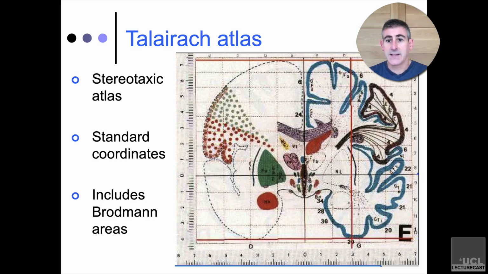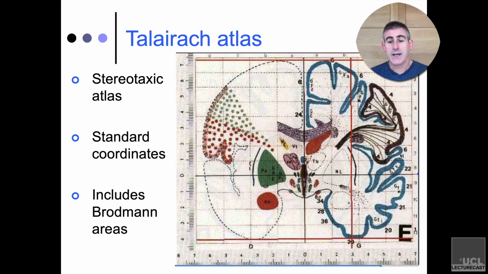So what they did was they said, well, if you take the anterior commissure and the posterior commissure, which is another one that's a little bit further back, and you put those on the same plane, then they become 0. Right? So the 0, 0, 0 coordinate is the midline where the anterior commissure goes through this midline plane, assuming that the posterior commissure is also on that plane. And that gives you a reference frame that's consistent from head to head to head.